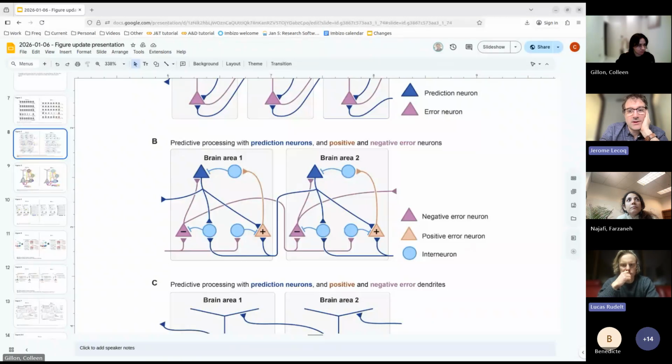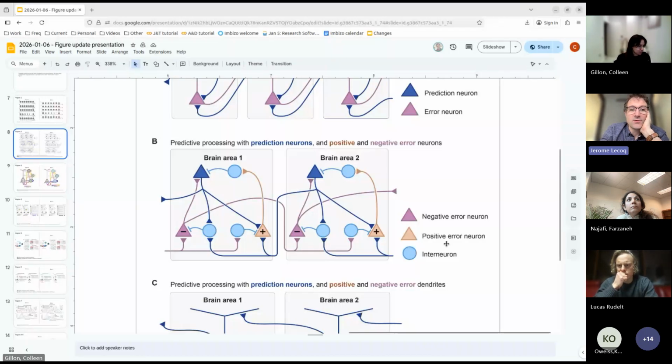I think the intent of this panel is to highlight one proposal that came from a group. And then I would put the inter-area for positive neurons. It's just very confusing to me that we don't have that. Yeah.